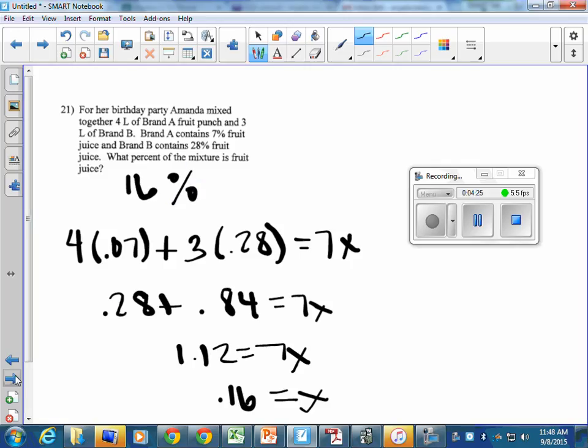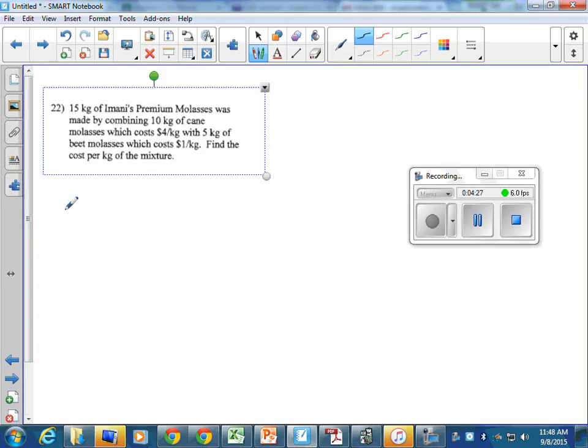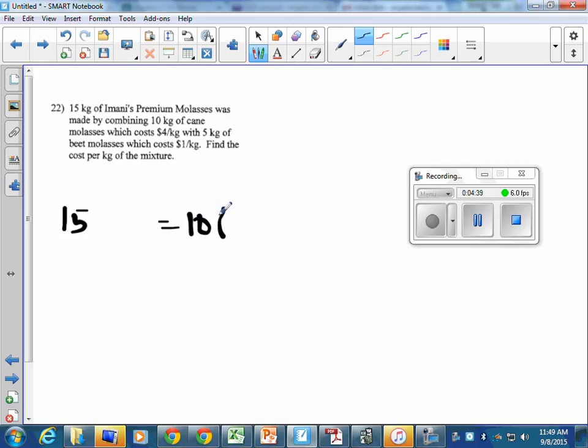All right, problem 22. 15 kilograms of Imani's premium molasses was made by combining 10 kilograms of cane molasses, which is $4 a kilogram. That's a 4 that you can't read. Let me try again.